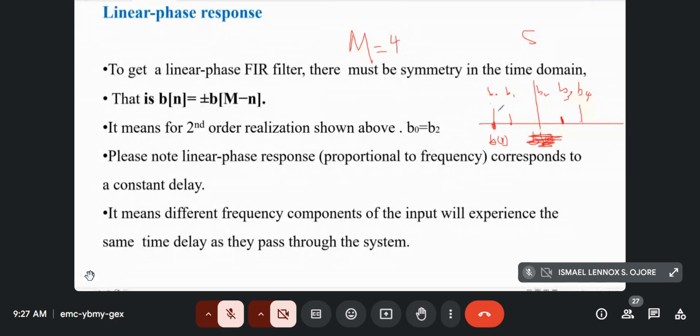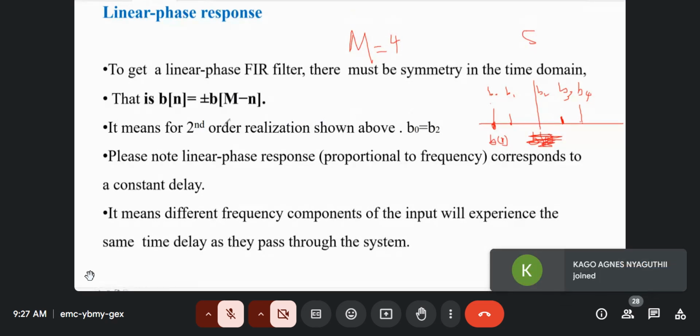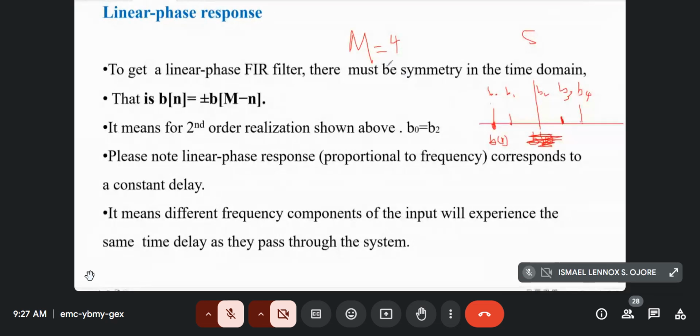So B0 is the same as B4, which is 4 minus 0. B1 is equal to B3, 4 minus 1. And B2 is simply itself, the same as B2. So it's good to remember that if you have 5 coefficients, the order of the filter m is 4.